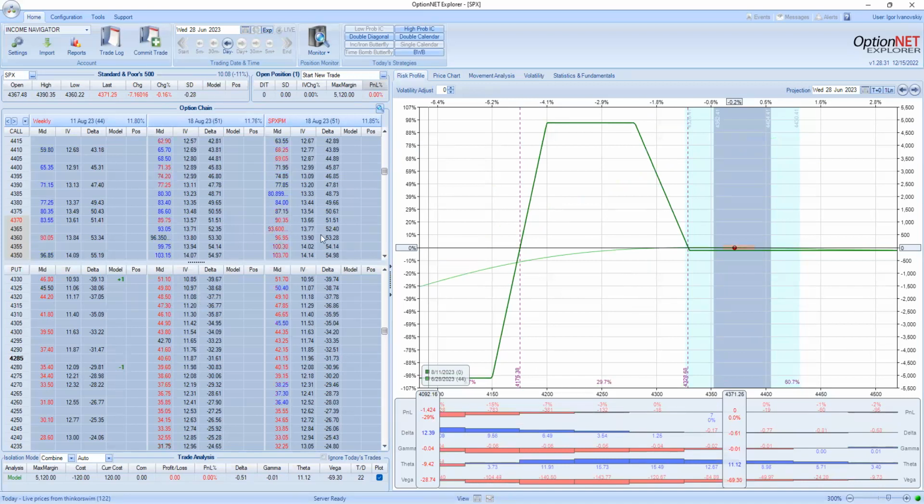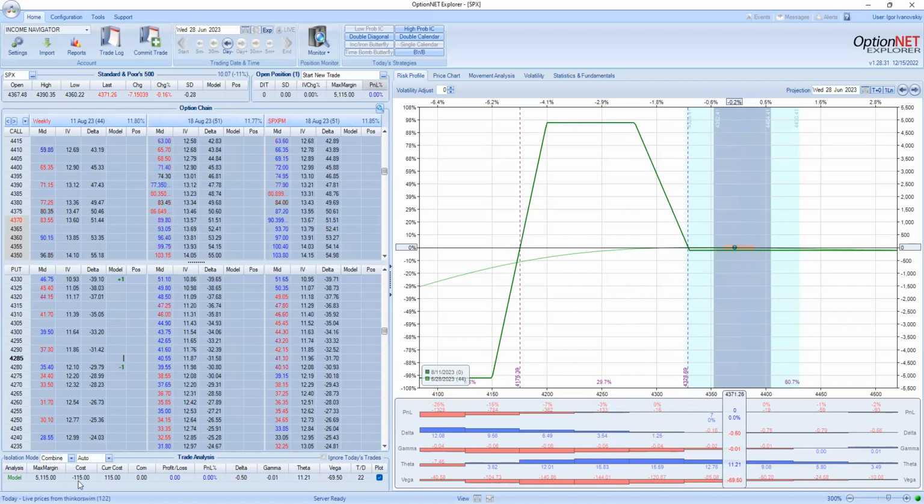All right, so now we moved the debit spread a little bit closer to at the money, and that has created a net debit in this trade of about $1.20. So we collect $10 for the two put credit spreads, and then we're paying about $11.20 for the put debit spread, which is creating a net debit.